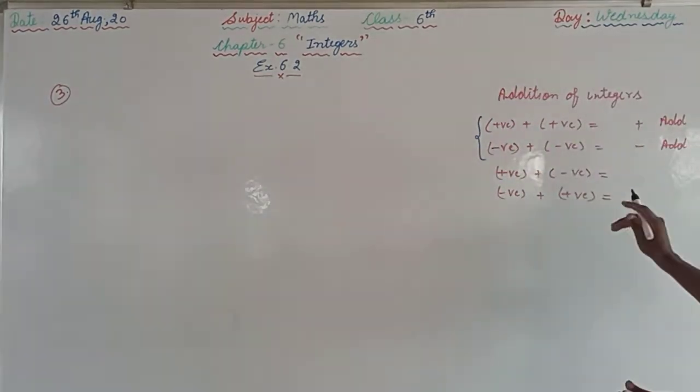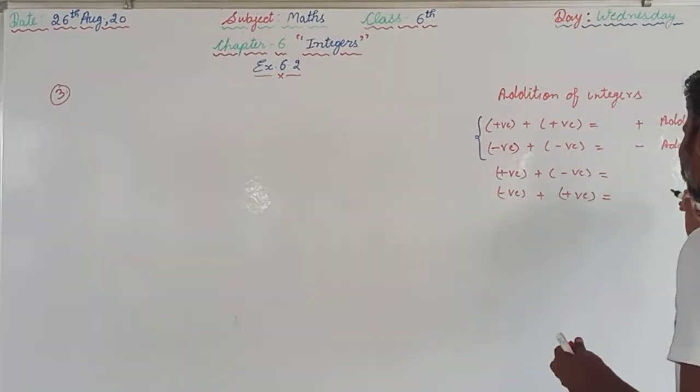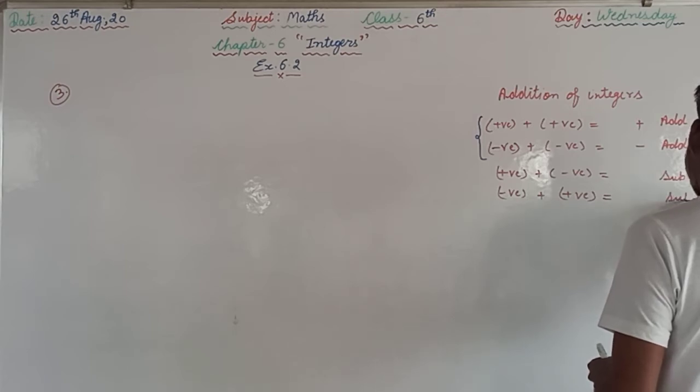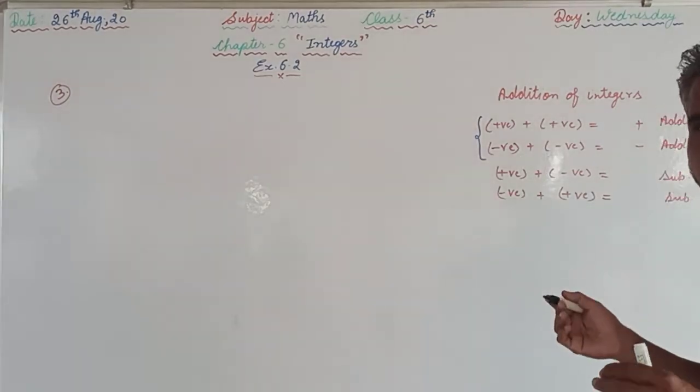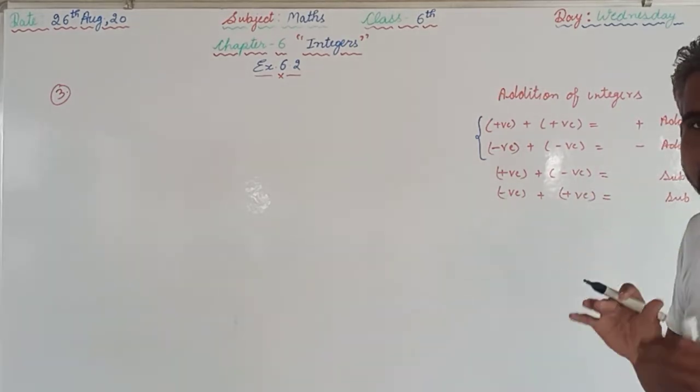actually. Now, when the integers are having the different sign, in that case we are supposed to subtract the smaller number from the larger number in magnitude. We are not supposed to consider here the sign for the subtraction.